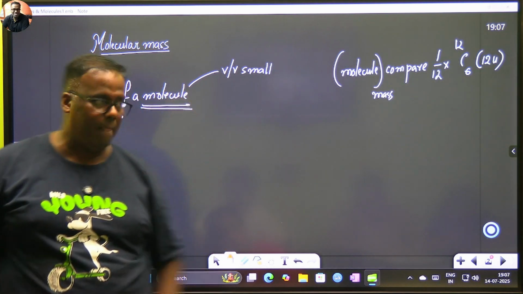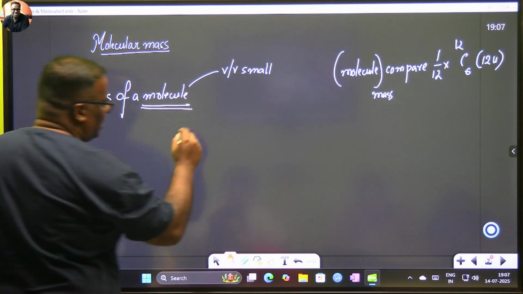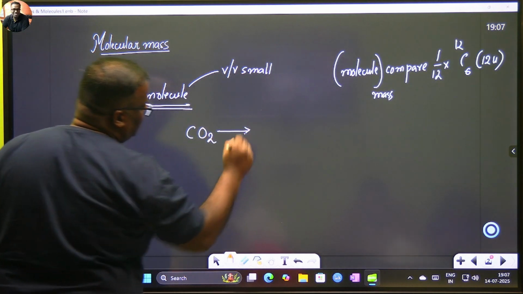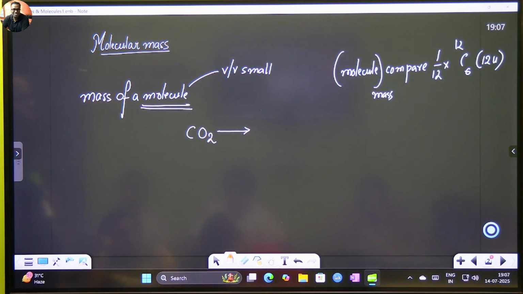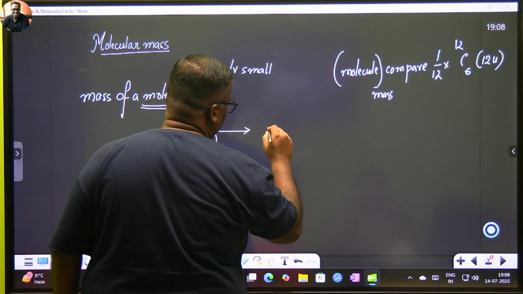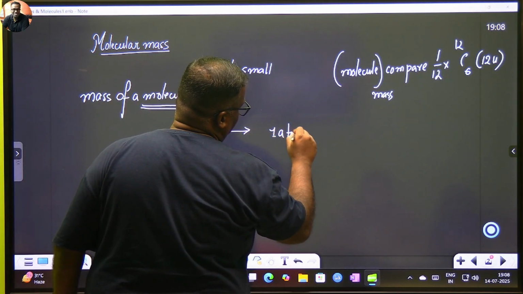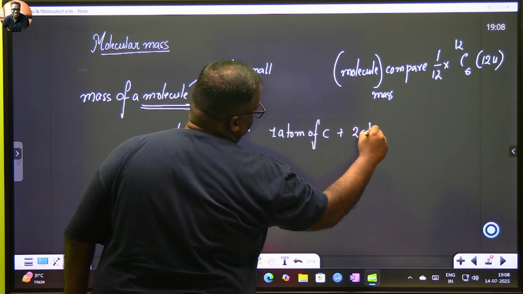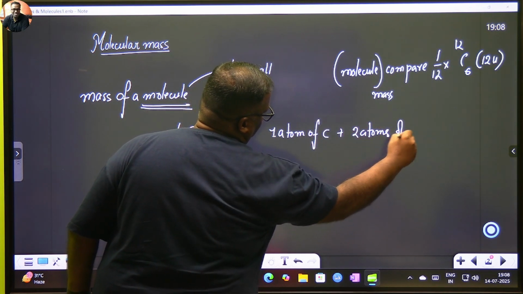Have you understood? Now let's take one molecule. Let's say we are taking a molecule of CO2. Now, in order to arrive at the molecular mass of CO2, what is CO2? CO2 comprises of what? One atom of C plus two atoms of O. Correct?